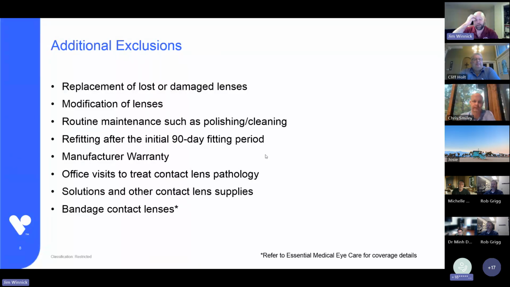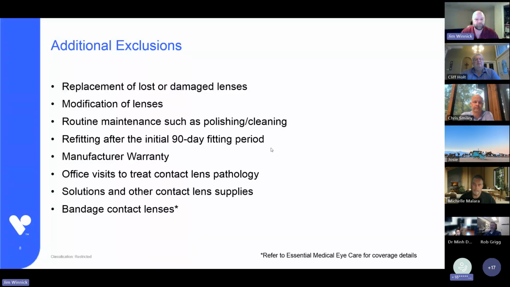So remember, you can have contact lens patients. I just had one come in last week with corneal edema secondary to highly deposited lenses. He came in as a contact lens problem patient, but that got transferred to essential medical eye care because it had a secondary medical condition.